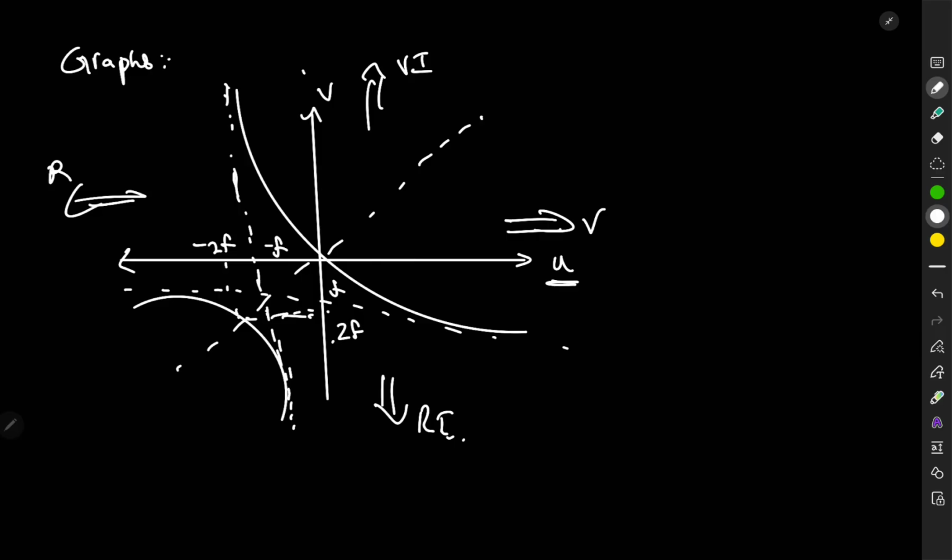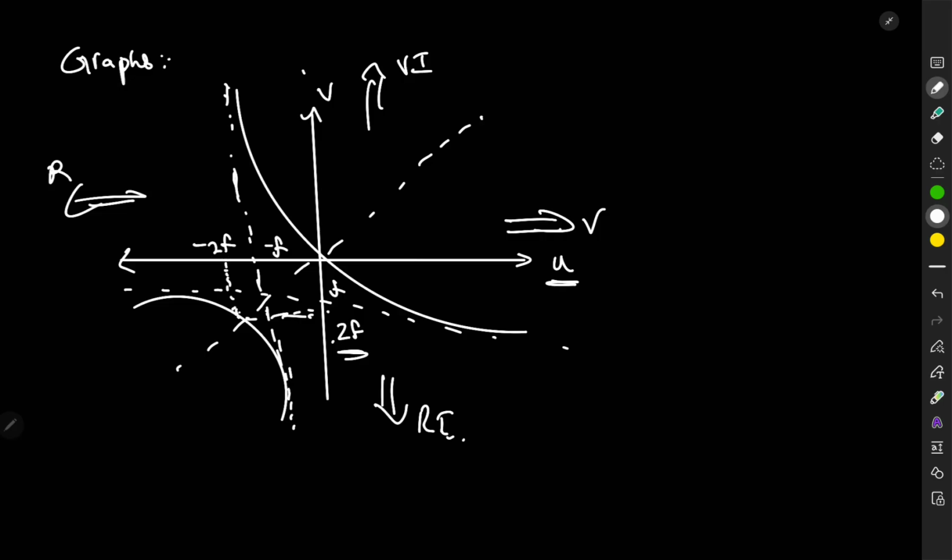Okay, now when the real image is at 2f, where will the object be placed? 2f is the center, right? So it will be placed at the center only.